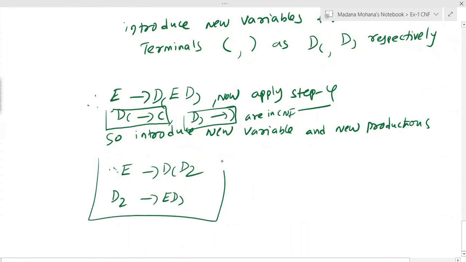Now you can see D left brace D2 variables length 2, here E D right brace. So the suffix value is not considered as the terminal, that is just for variable name. Therefore, these two are in CNF. Now you can see all E productions are reduced to CNF.